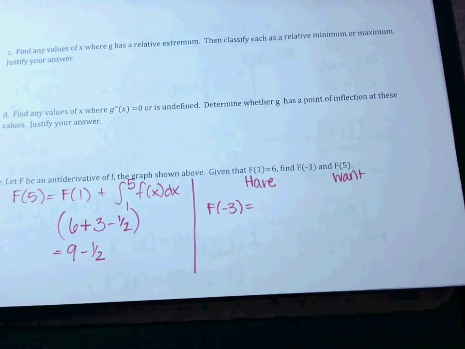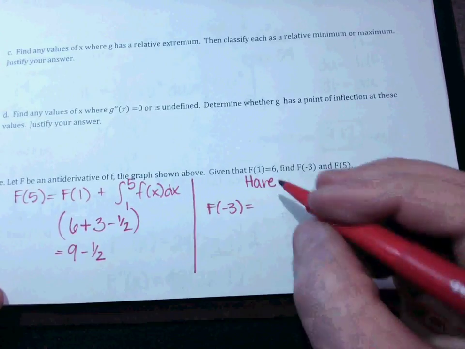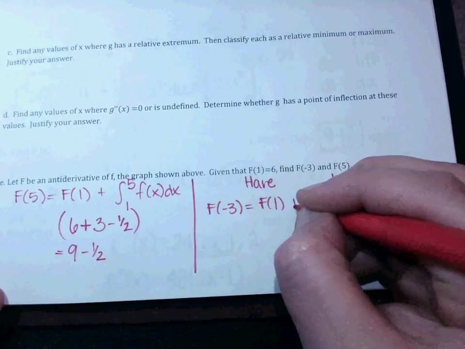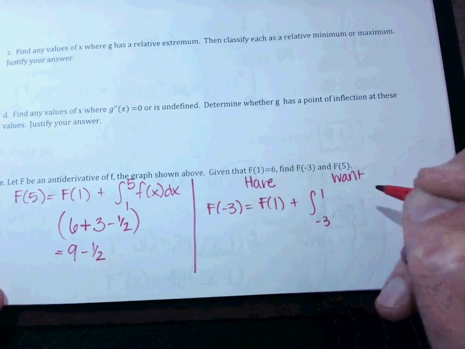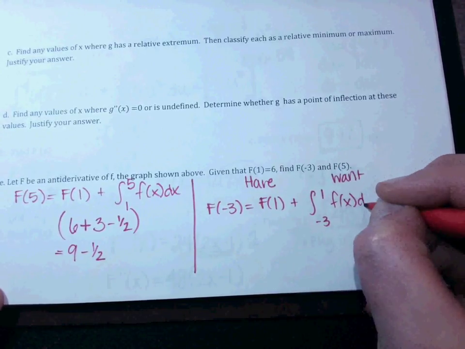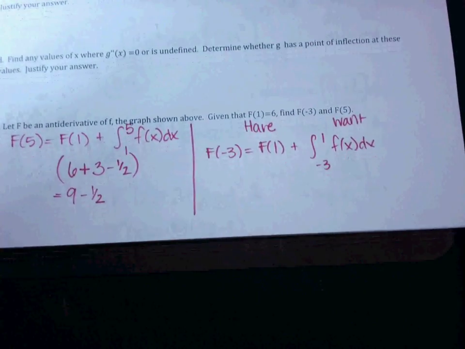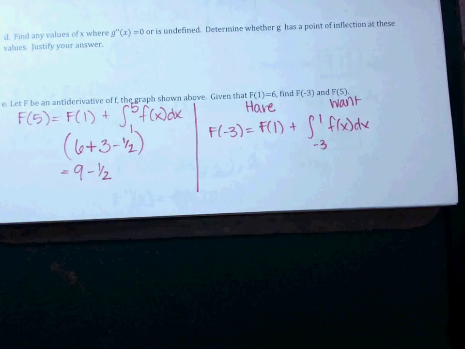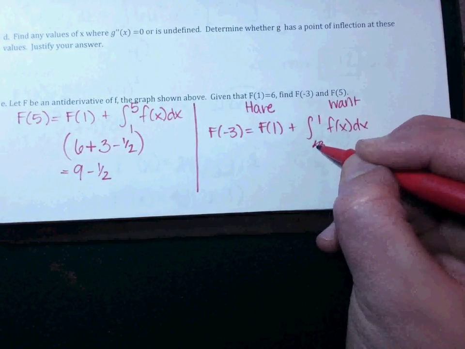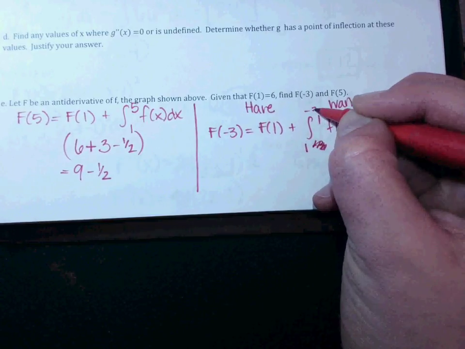So you should have set up f of negative 3 equals f of 1 plus integral negative 3 to 1 of f of x dx. Oops, what's wrong with what I just did? My order is backwards, and why was I switching it? Because I know later on if it's backwards, I'm going to reverse it. So go ahead and keep your 1 on the bottom, your negative 3 on top.